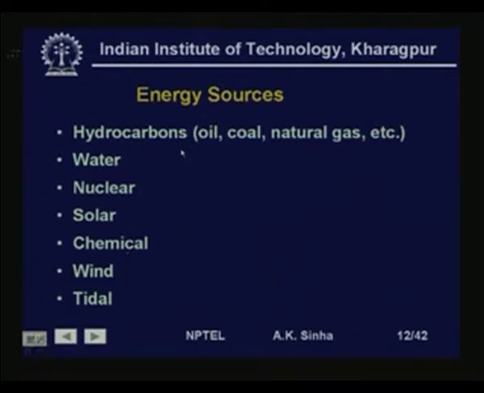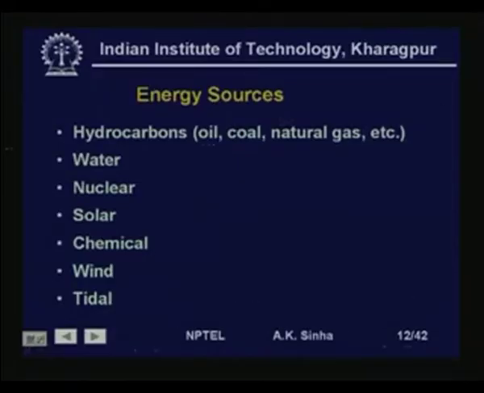That is, again you raise steam, and steam is used in steam turbines to run the generators. Chemical energy, we have all been using this in batteries and other sources. We also use this chemical energy in fuel cells and other kinds of devices.